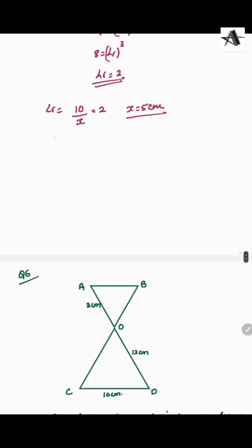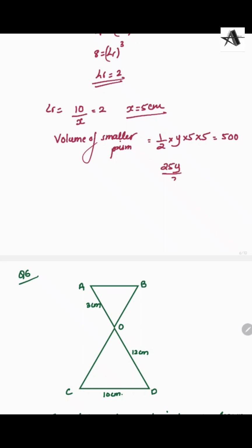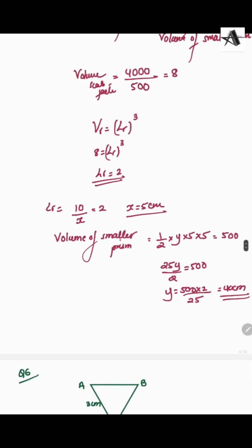So I'm writing, volume of smaller prism is half times base times height times length. And this we have calculated as 500, as given in the question. So 25y over 2 is equal to 500, and y is equal to 500 into 2 over 25, which will give you 40 centimeters. So from here I get to know that y is 40 centimeters.